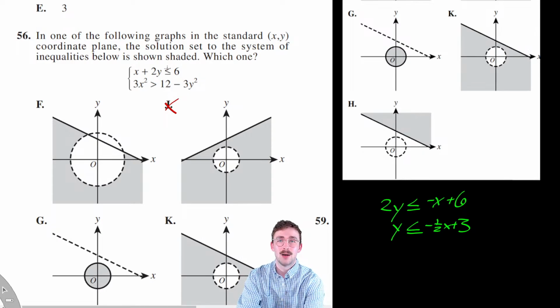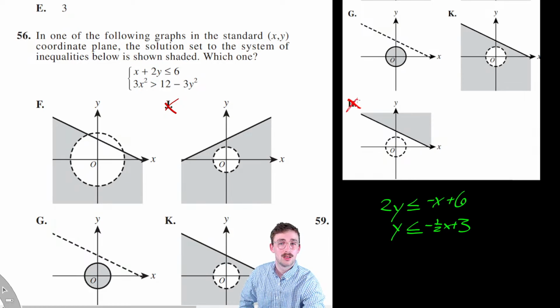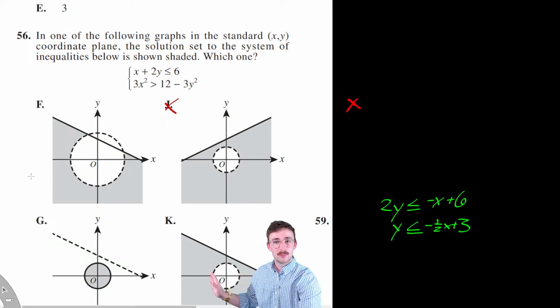They're saying y is less than or equal to 6, so it has to be less than that line. So F and K are both doing it right. H is doing it wrong. We can get rid of H.